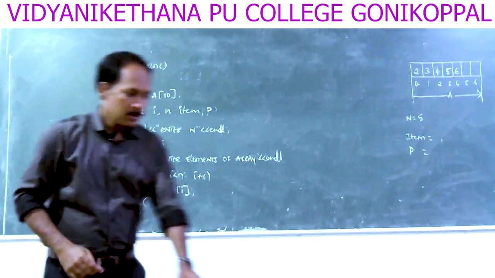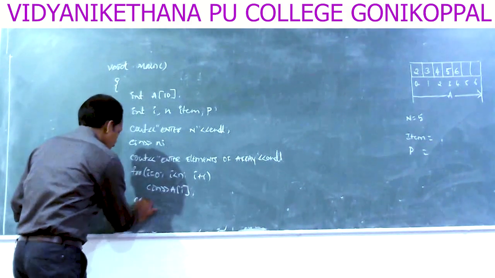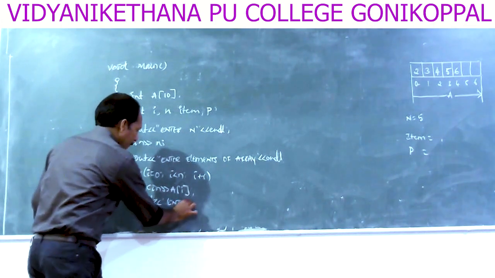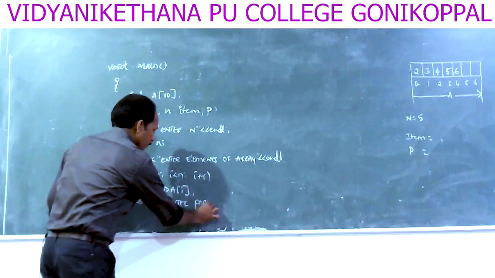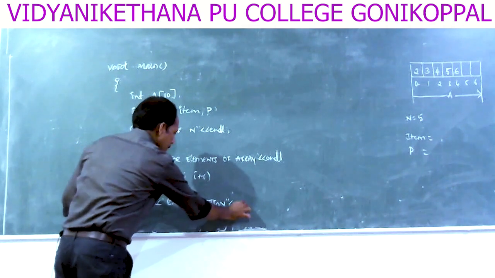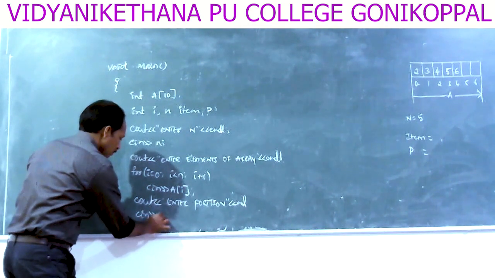Let me write position first: cout, enter position where you want to insert, endl, then cin P.